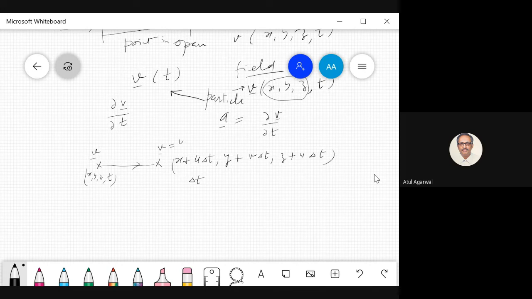Suppose this velocity is nothing but u, v, w. Do you agree? At time t plus delta t, this is the position. Earlier it was this. Can you see it? Yes, sir. Moving with velocity V, V is nothing but u, v, w. So x component will change by u delta t. Y component will change by v delta t. Z component will change by w delta t. So this is the new position.